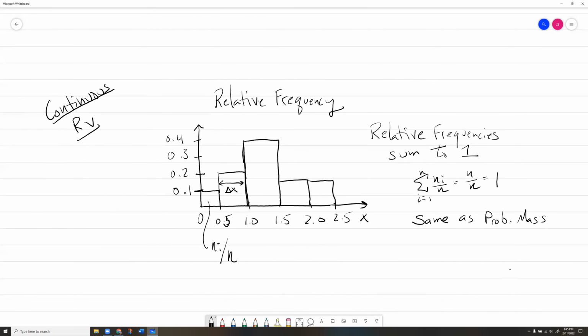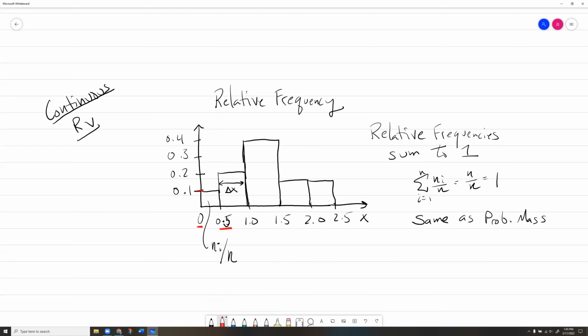And then what I'm saying is, well, let's take all those values, and then let's see which values fall between our bins, and then divide the number of values by the total number of observations. So n sub i is the number of values that fell between 0 and 0.5. And then we divide by the total number of observations, and here we get 10%.